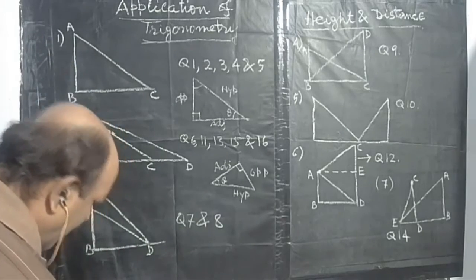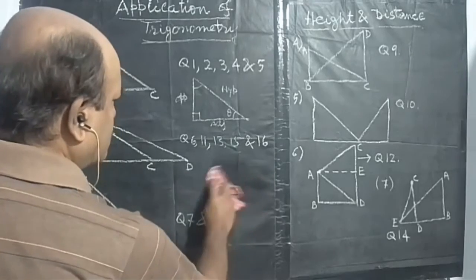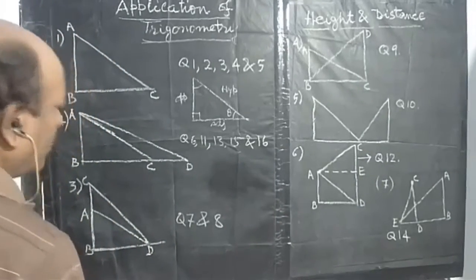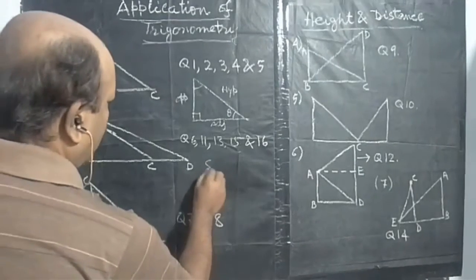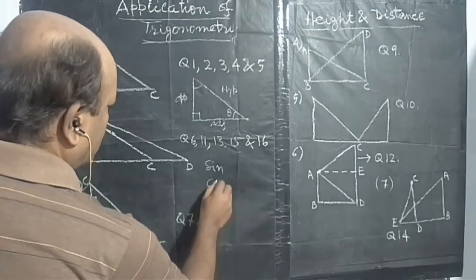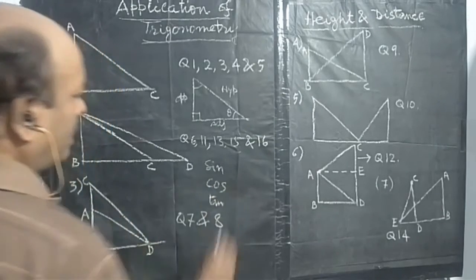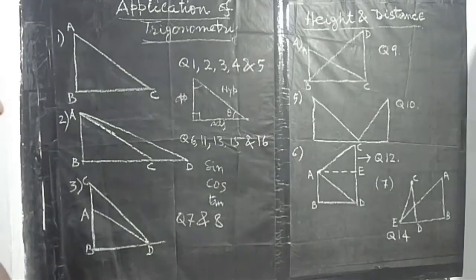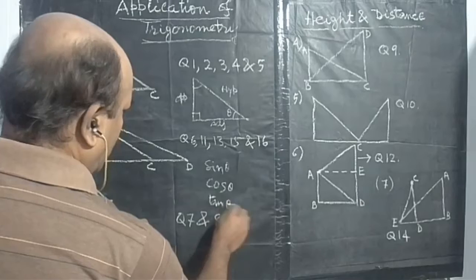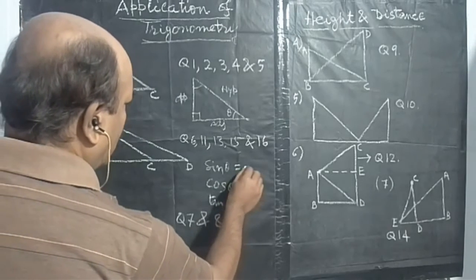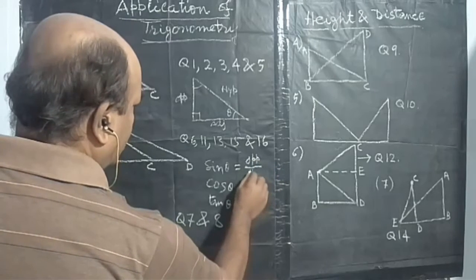How will it help you to calculate here? See, another thing, we know the three main ratios: sine, cos, and tan. These are the three main ratios of the sides. Sine theta, you always remember, is opposite upon hypotenuse.